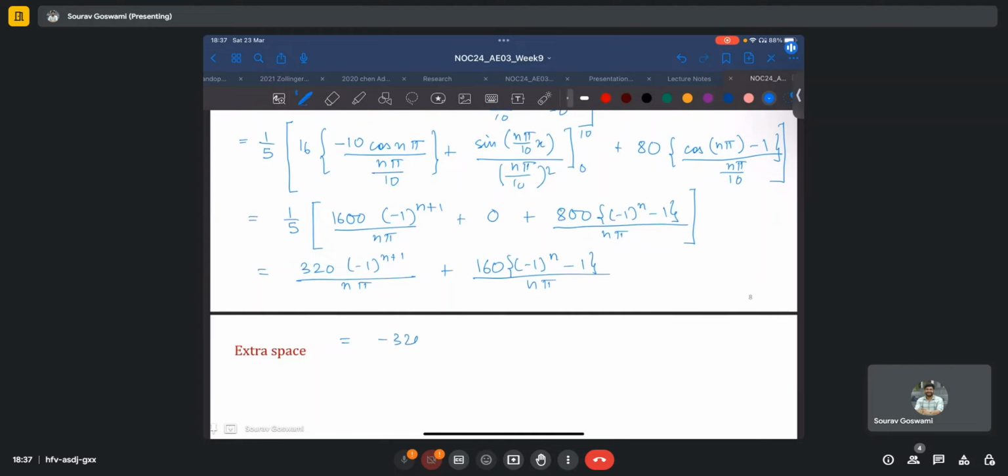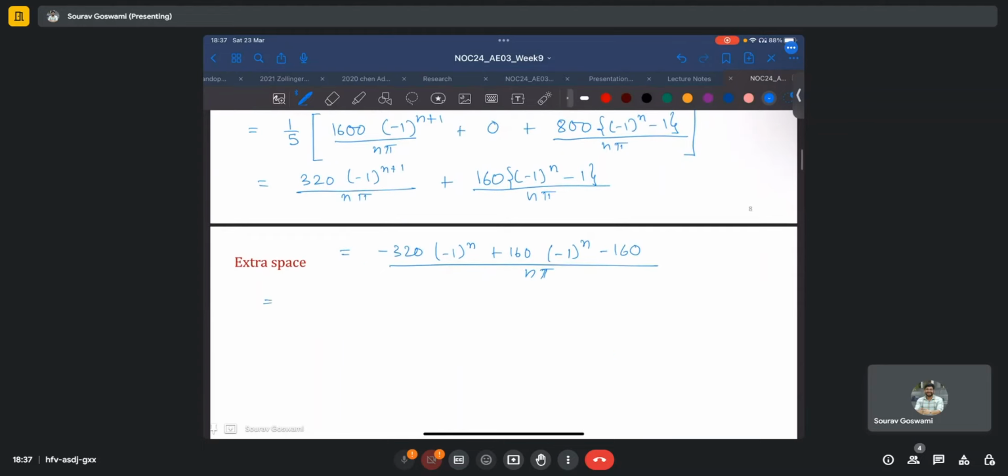So if I put it as minus 320 minus 1 power n plus 160 minus 1 power n minus 160 by n pi. This will turn out to be minus 160 times minus 1 power n minus 160 by n pi, or simply 160 times minus 1 power n plus 1 minus 1 by n pi.